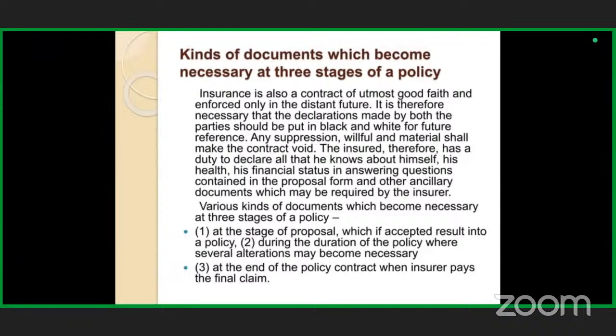Any suppression, willful and material, shall make the contract void. The insured therefore has a duty to declare all that he knows about himself, his health, and his financial status in answering questions contained in the proposal form and other ancillary documents which may be required by the insurer. So the personal information relating to the policyholder, such as health and financial status, has to be explained in detail. These are the kinds of documents which become necessary at the three stages of the policy.